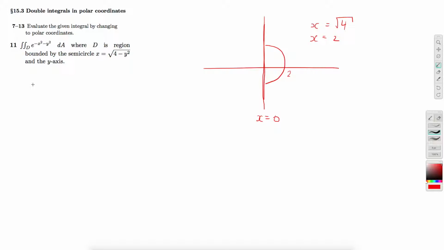So the radius is 2, and we're going from negative pi on 2 to pi on 2. And we're going from 2 to 0. I think that's all correct.